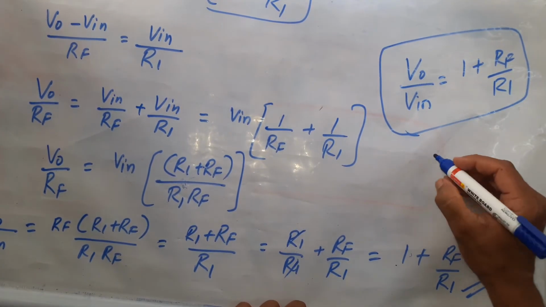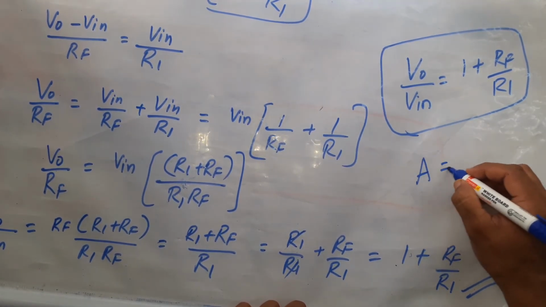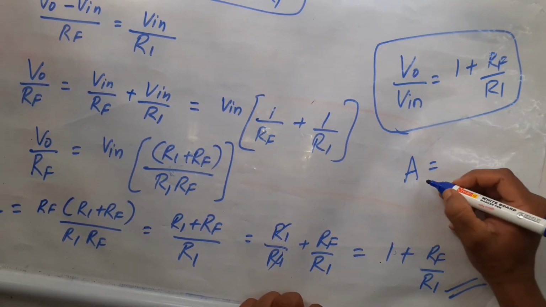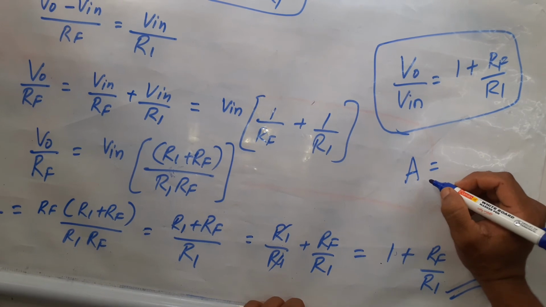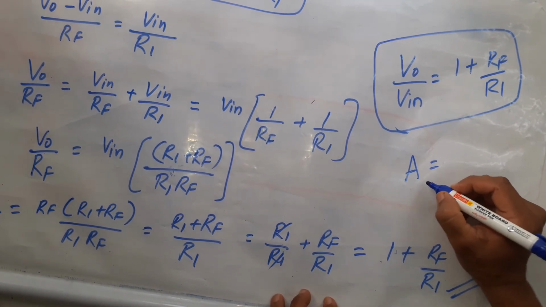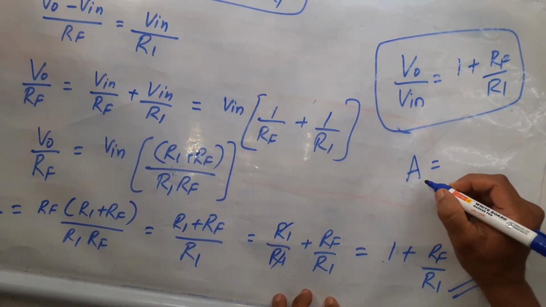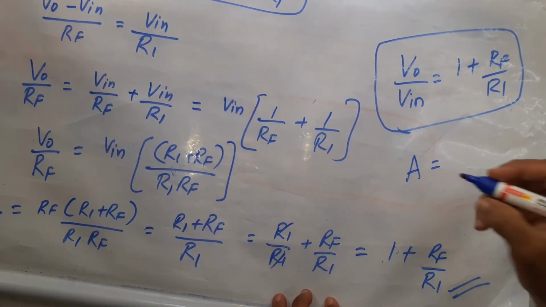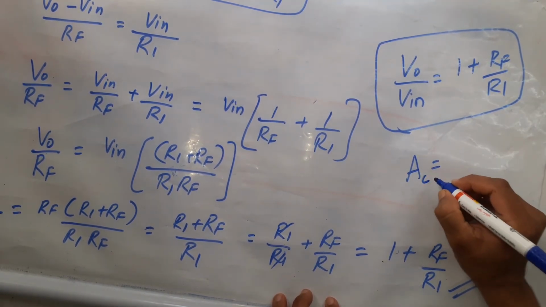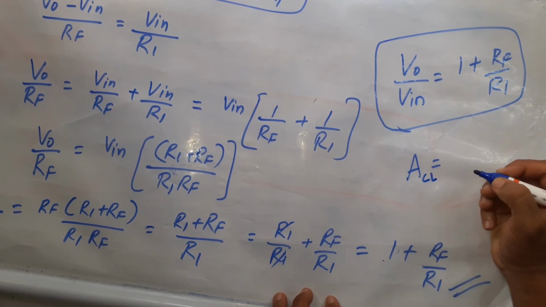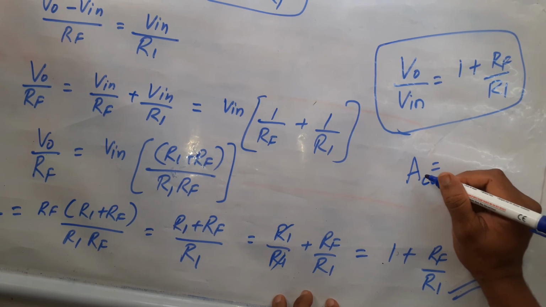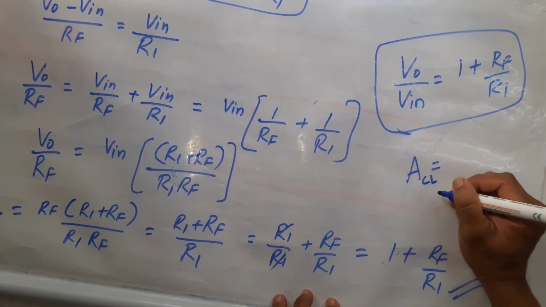What is V naught by Vin? It is the gain of the amplifier. To denote it as closed loop gain, we write it as ACL, or in some textbooks it varies; some take it as AV or AC.